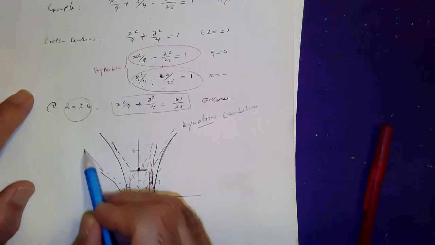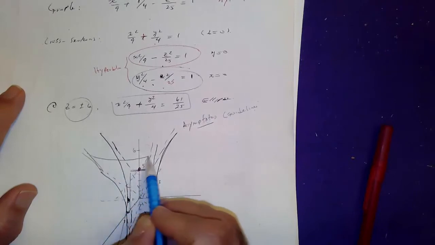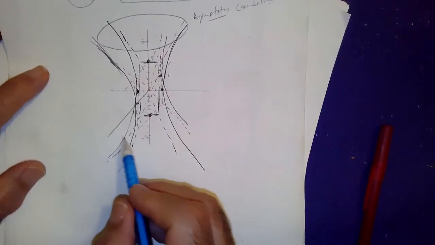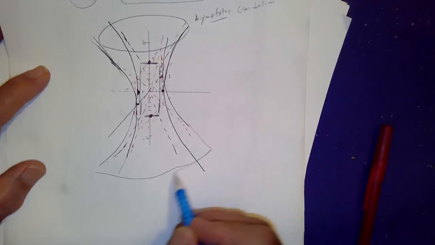So what's happening is you get an ellipse here, correct? Like so. And an ellipse here, like so. Is that right?